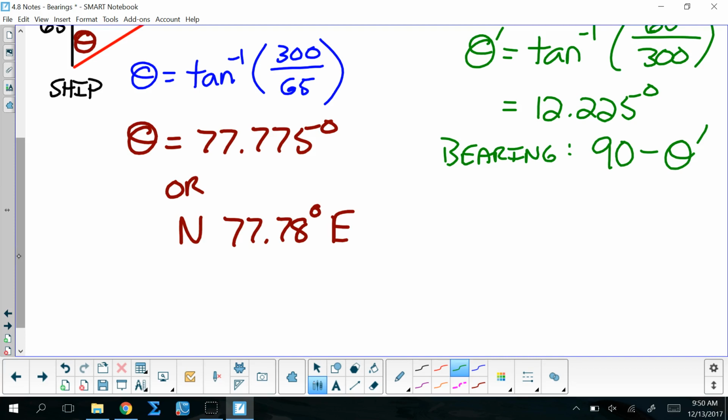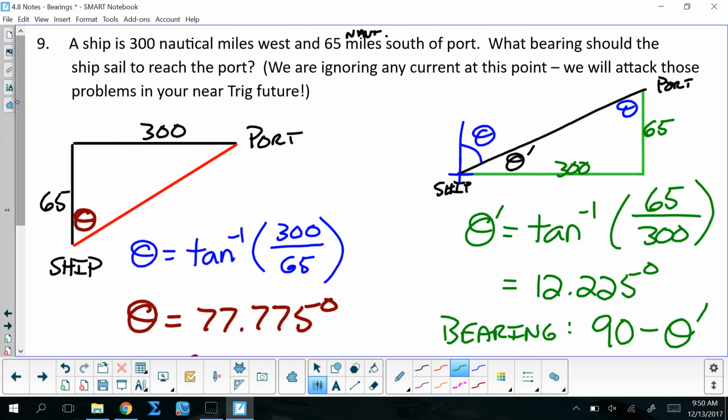You found that 257 one is from here, if I'm at the port and I'm going back to the ship. I don't want to do that. I want to go from the ship. It's asking what bearing should the ship sail. Now, the port's not coming to me. I'm going to the port.